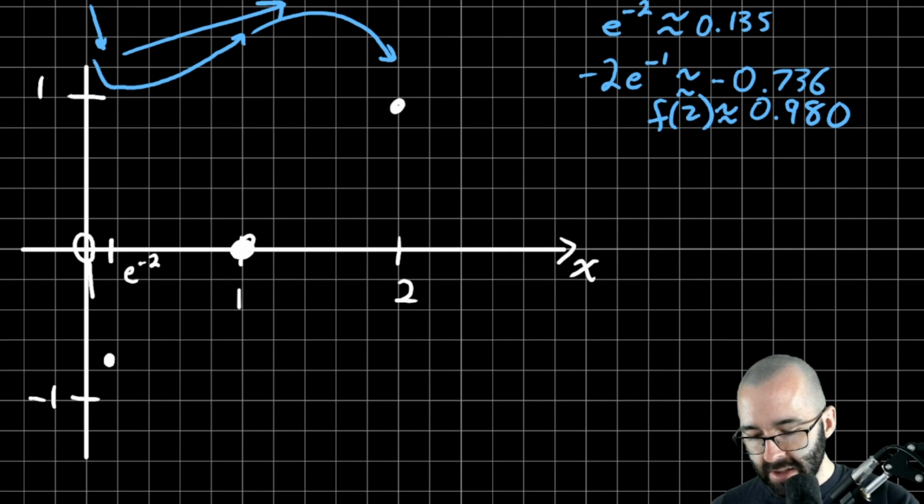Now decreasing, I want to do this in a different color. I want to make it a little clearer. Big open circle, local minimum, inflection point, and then this is nothing.